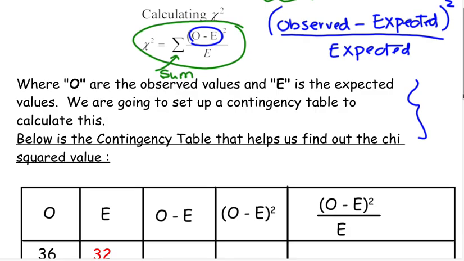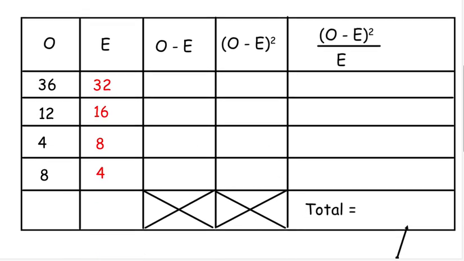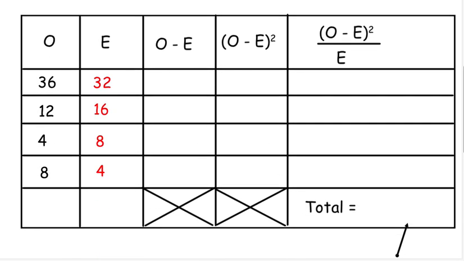So we're going to set up a contingency table that looks like this. So go ahead and pause and write this down. All right, so this is your observed, what you got from your sample. So there was a group that was 36, 12, 4, and 8.